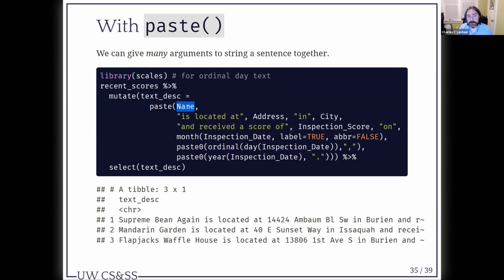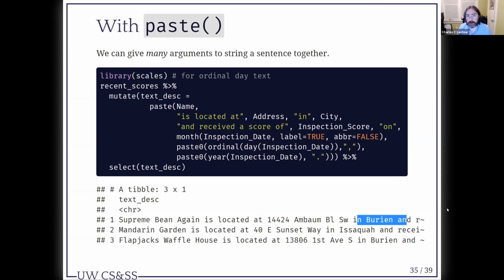I'm going to say the name of the restaurant is located at this address in this city and received a score of its inspection score on the month that it had its inspection done, the date it had the inspection done, and then a particular year for the inspection. And then I can select only that column, and I've written out sentences like Supreme Bean again is located at 14424 Ambon Boulevard Southwest in Burien and received a score of this on this particular date.